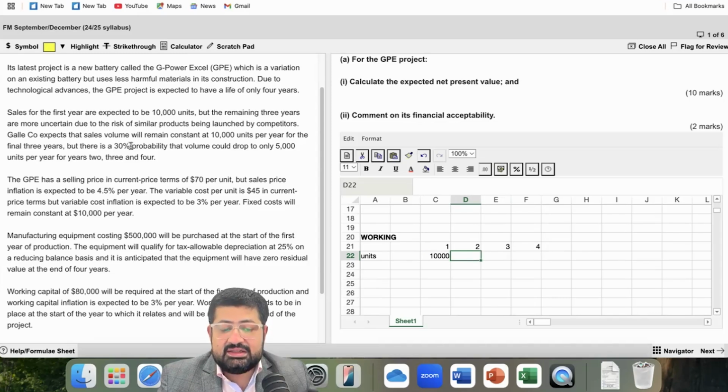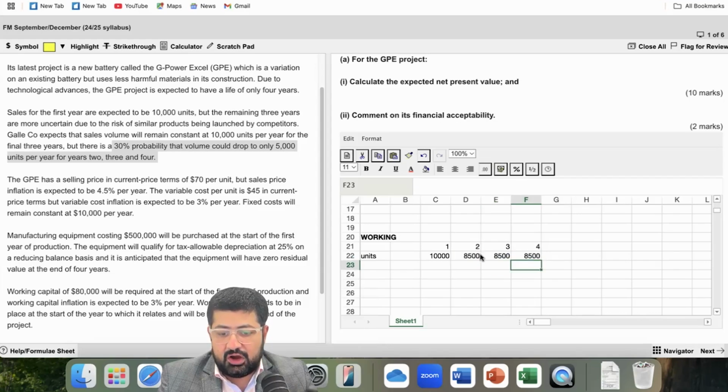Afterwards, there is a 30% probability that they could drop to 5,000, and 70% probability that they will stay at 10,000. So this is basically the expected value we are calculating: 8,500 from year 2 onward.